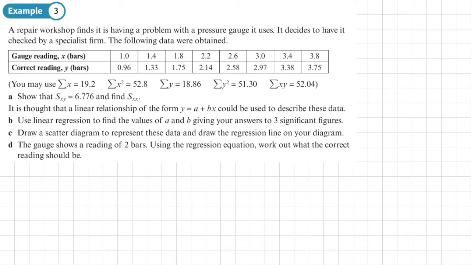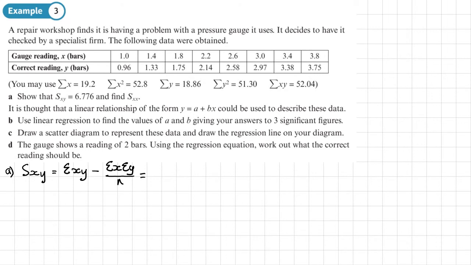So we'll start with our SXY and actually calculate it. So using the formula from page 24, that's the sum of XY minus the sum of X times the sum of Y over N. So I believe we've been given those.